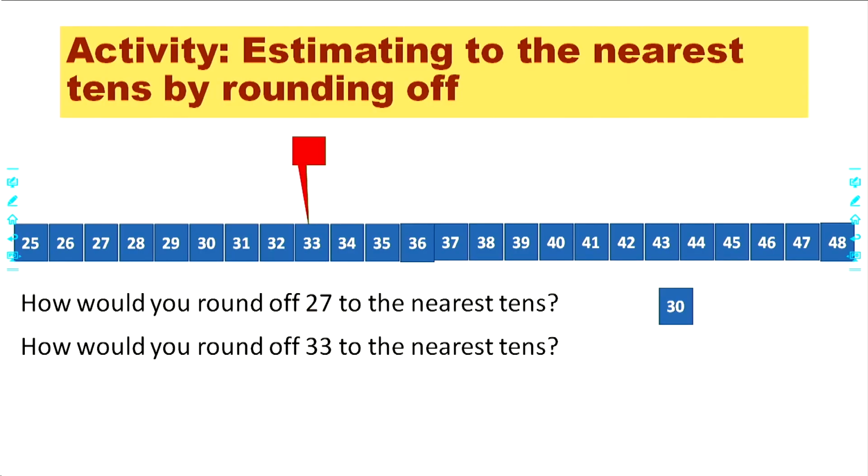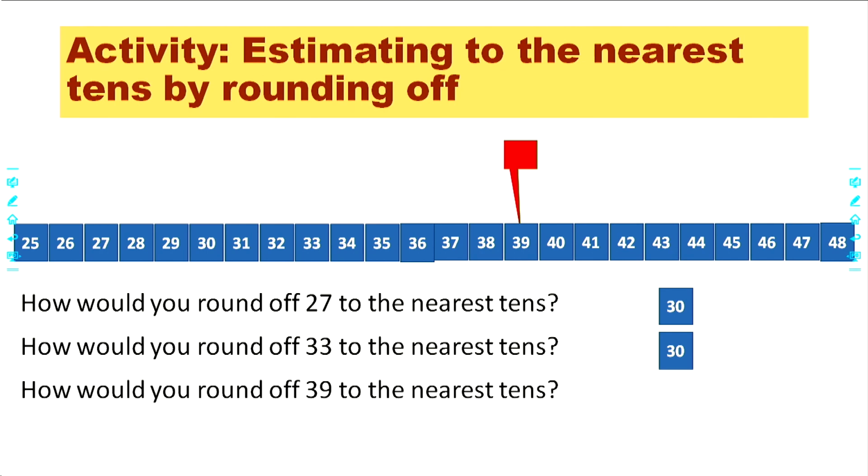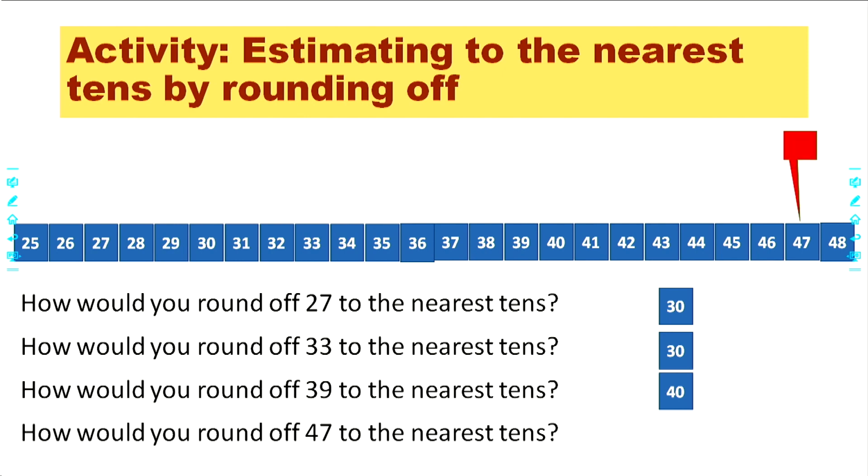Similarly, how would you round off 33 to the nearest tens? Yes, 33 is also nearer to 30, so we round off 33 to 30. Like the same way, how would you round off 39 to the nearest tens? Yes, it is 40. How would you round off 47 to the nearest tens? 47 is nearer to 50. So, we round off 47 to 50.